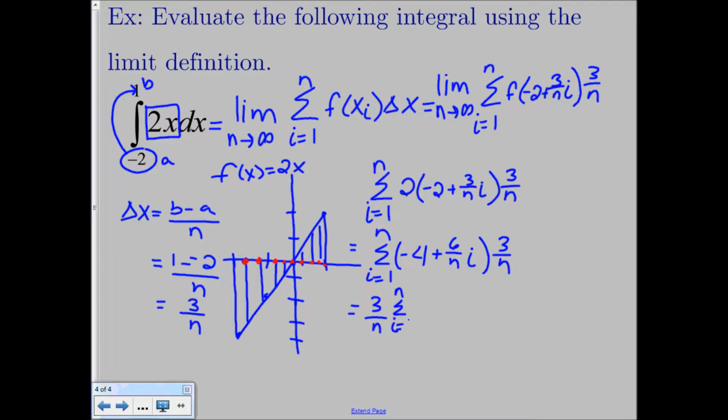Now we get the sum of negative 4 plus 6 over n i on the inside. We're going to use our summation properties now and split this up into two sums: the sum from 1 to n of negative 4 plus the sum from 1 to n of 6 over n i.